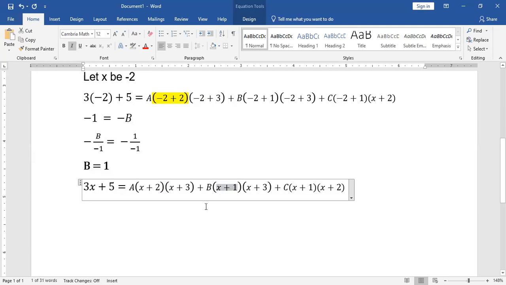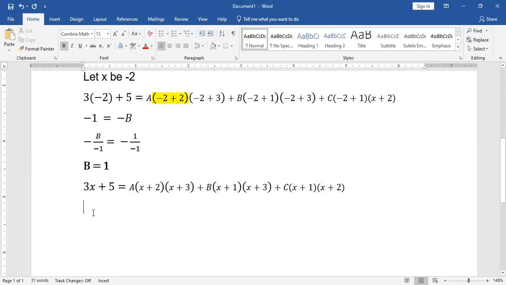So what I'm going to do is I'll say let X be equal to -1. So that when I place X here, which is -1 plus 1, it will give me a 0 here. All right. So I'll say let X be -1.